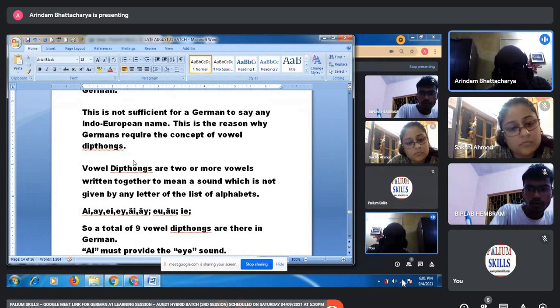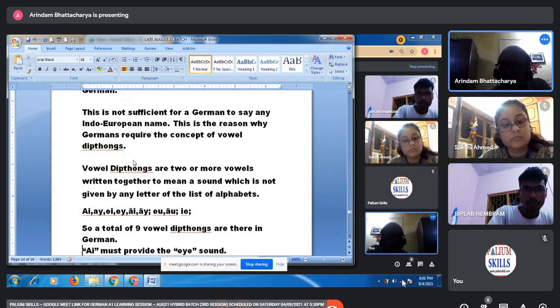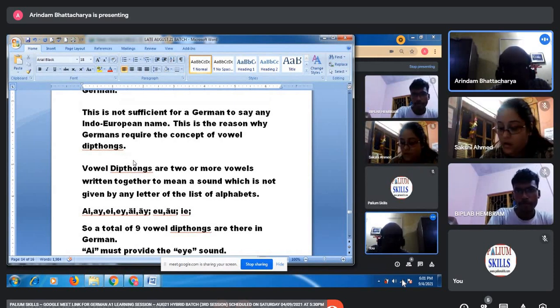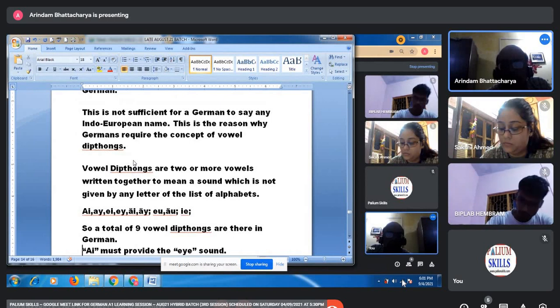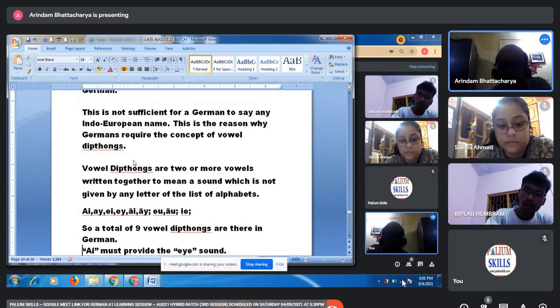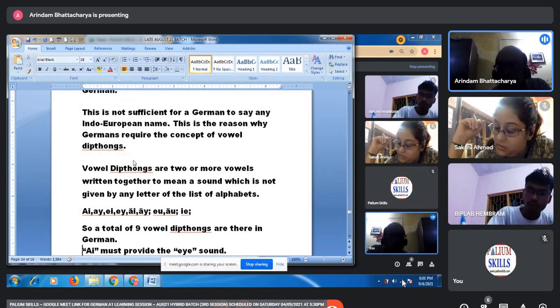Now, whatever sound AE will provide or AY will provide, the same sound needs to be provided by A umlaut E and A umlaut Y. A umlaut is equal to A. So AE and A umlaut E should be giving the same sounds.